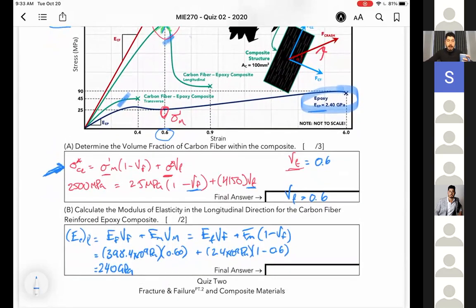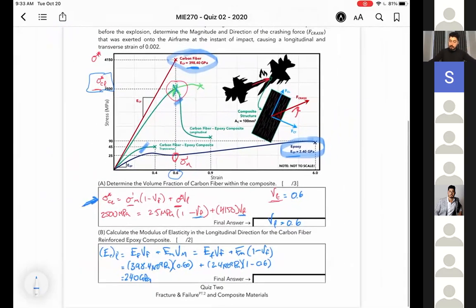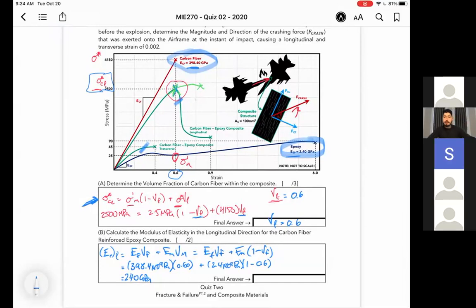Let me look at the rest of the questions just to see if we will need it. I don't think we will. No, we never need it. So I threw it in there just to confuse people, I guess. So it was just a trick.